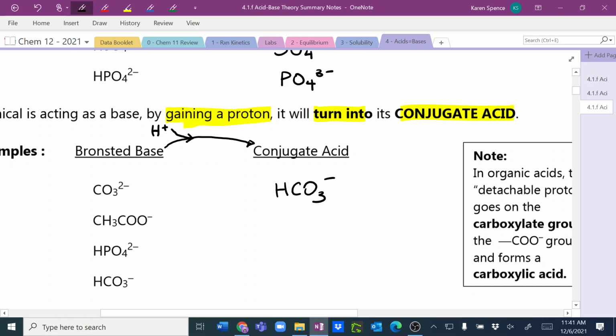How about CH3COO minus? This is CH3COOH. And remember I said this earlier that I wasn't expecting you to know that the hydrogen goes on the end? Well, now I am, okay?